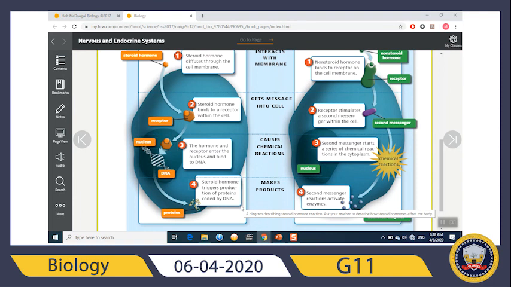So, let's say we have a hormone that stimulates production of vitamin C, and it's a steroid hormone. This steroid hormone will diffuse through the cell membrane. A certain receptor will take this hormone and enter the nucleus.